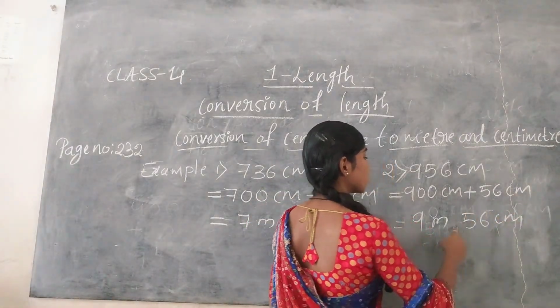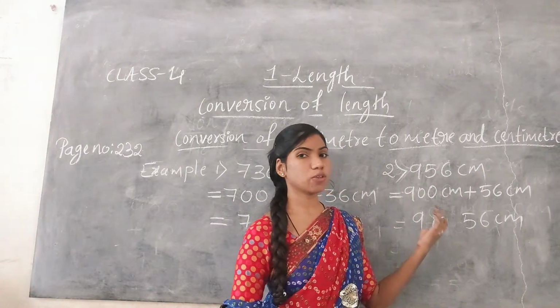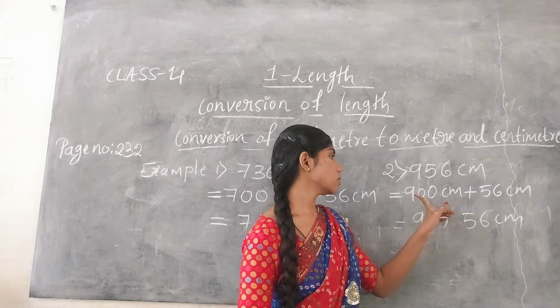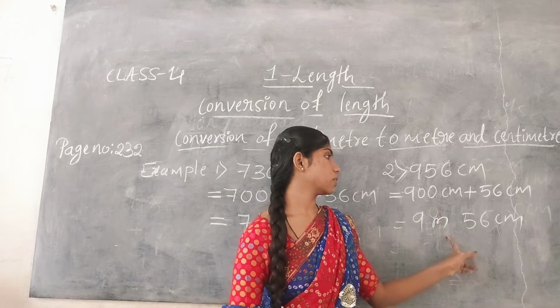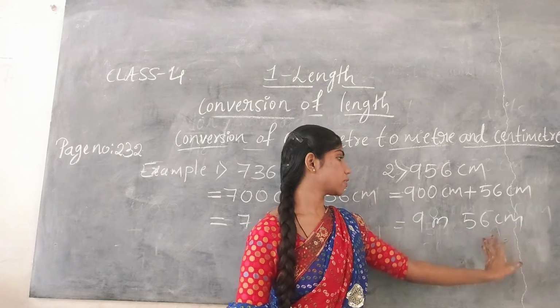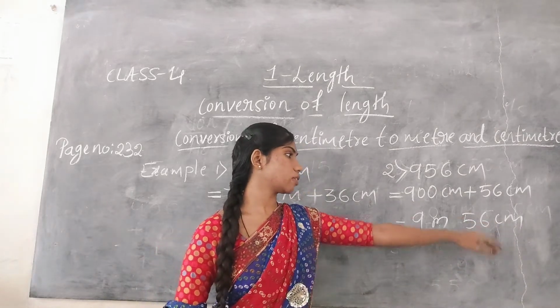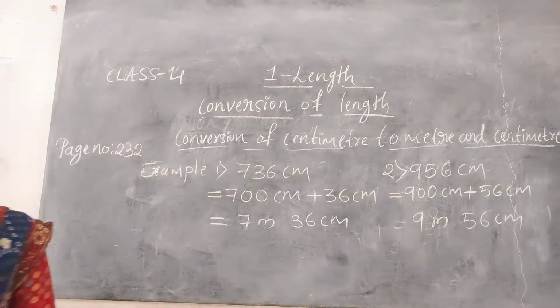Don't put the addition sign here, because we need to convert into meter and centimeter. Write 56 centimeter as it is. So 9 meter 56 centimeter. So write this down as your class work.